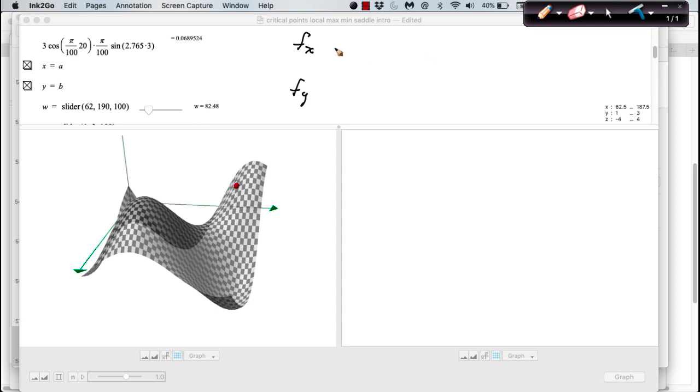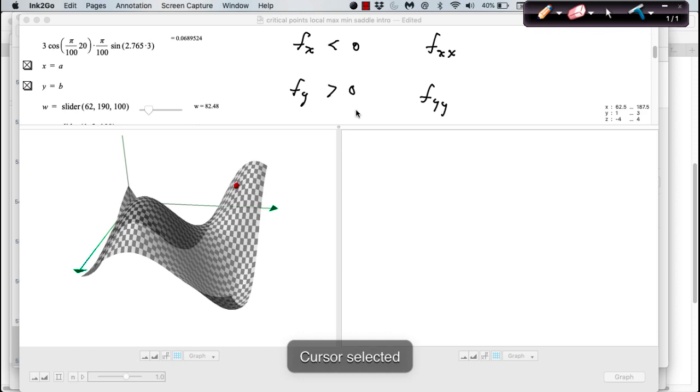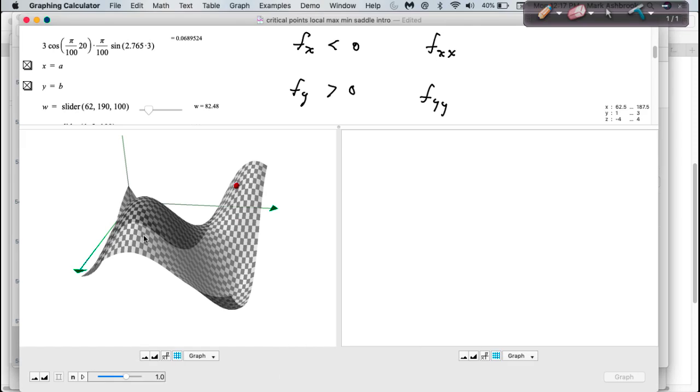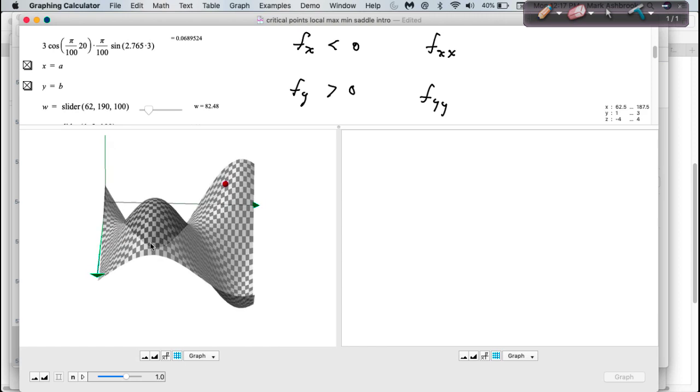It was negative, fy positive. But what about fxx and fyy? So is the rate of change in the x direction increasing or decreasing? Is the rate of change in the y direction increasing or decreasing? So I'll move it around. I'll throw some planes up there. You can talk about that. What do you think? Talk amongst yourselves.